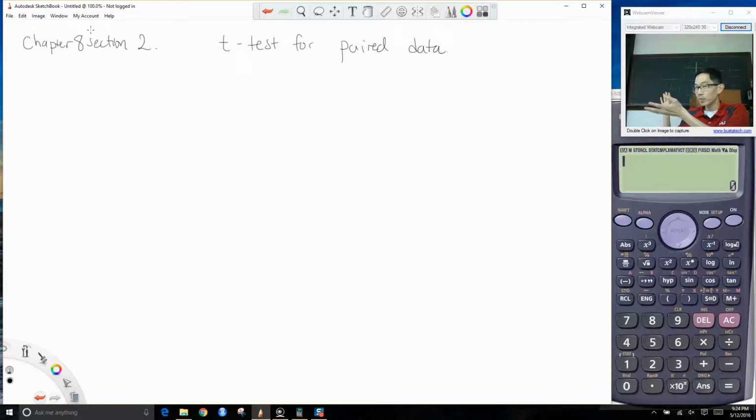In the paired data test, your sample 1 and sample 2 are linked together. You can think of it almost as one sample where you have two measurements that you're comparing against each other. So the two samples are paired.